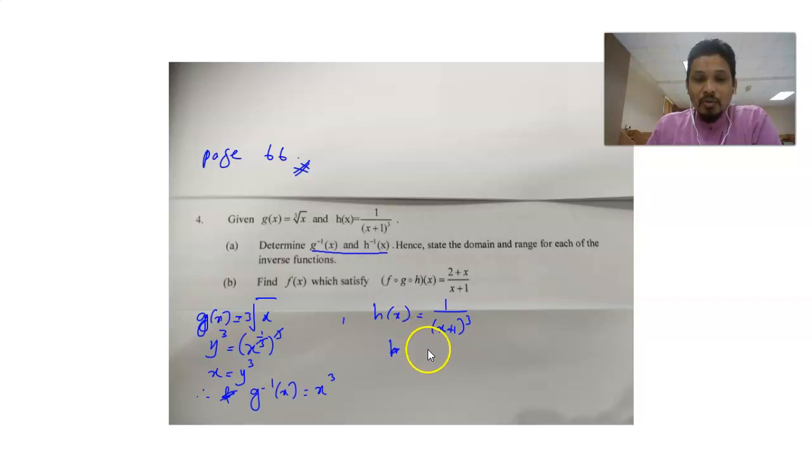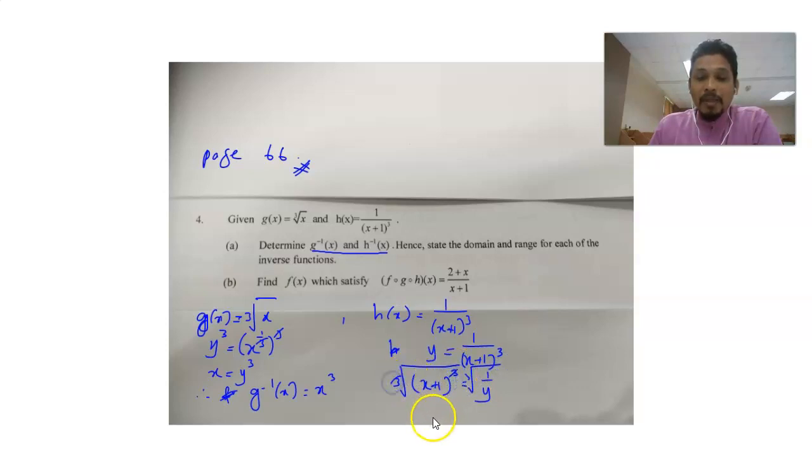And then turn the h into y equals 1 over (x plus 1) cubed. So cross multiply, change the position here, where (x plus 1) cubed equals 1 over y. Then we take the cube root on both sides.